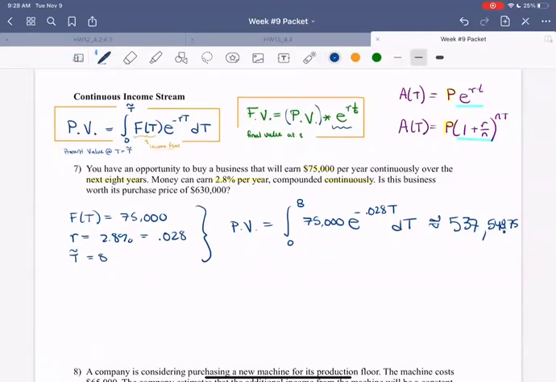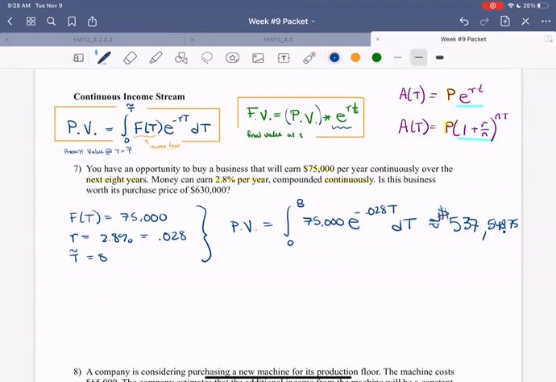How we should interpret that present value is that if this company for the next 8 years is going to bring in that 75,000 a year and collect interest, then its worth is going to be about $537,000.